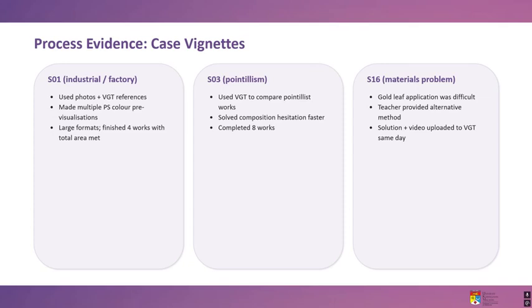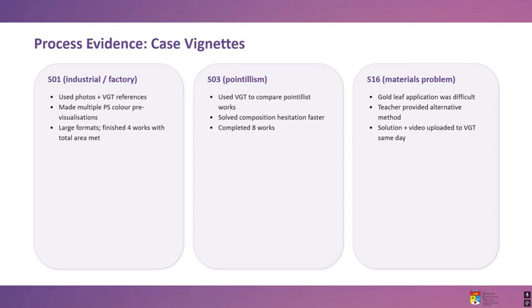And student number 3 chose a pointillism landscape. When he was unsure about composition, he used VGT to compare many pointillism works to get ideas faster. He finished 8 works.